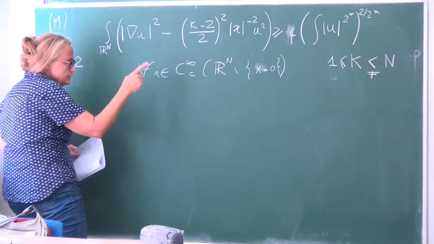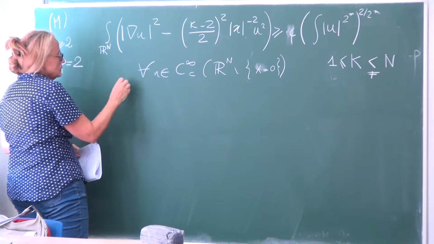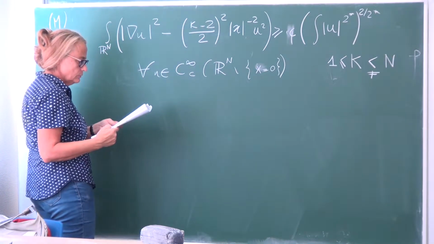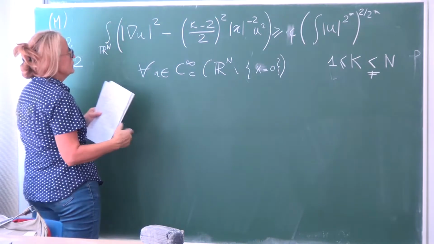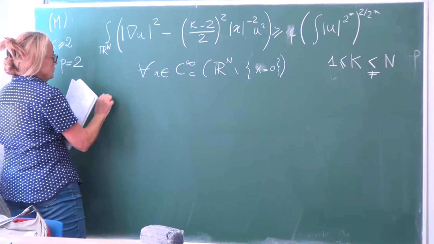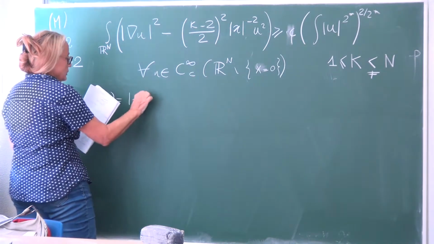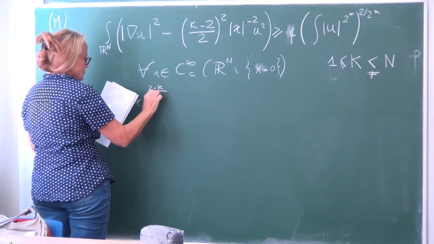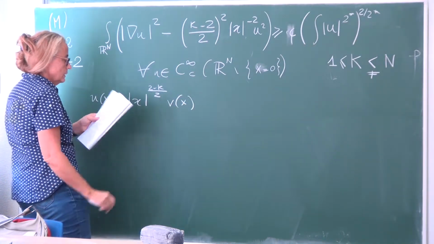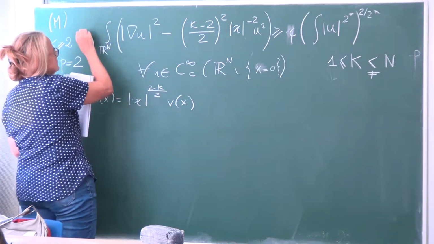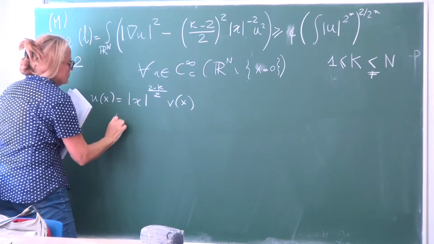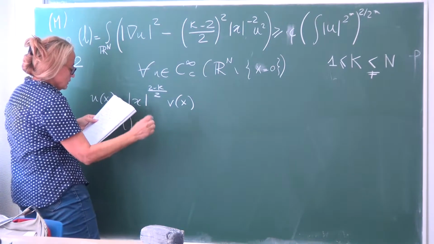How to prove this? You substitute. Let me see if it is written here somewhere. Okay, you pass from u of x to |x|^((2 minus k) over 2) times v of x. And you notice this left-hand side here. This is a trick I already mentioned.